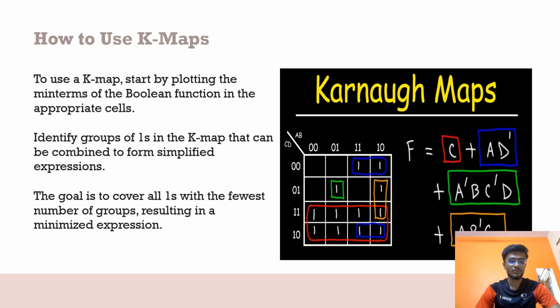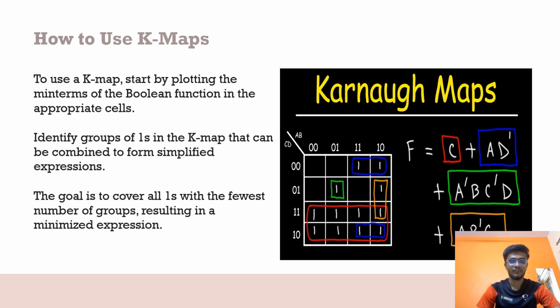Now, how to use a K-map. To use a K-map, start by plotting the minterms of the Boolean function in the appropriate cells. Then identify groups of 1s in the K-map that can be combined to form a simplified expression. For example, we have one group over here like this, another like this, and one that is separate over here.